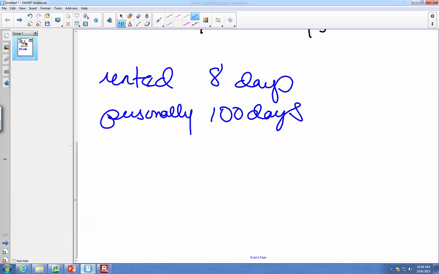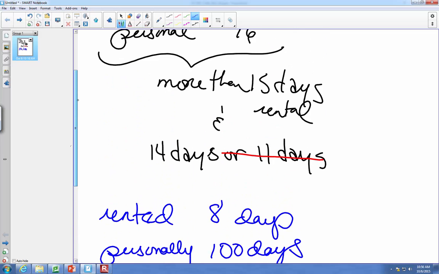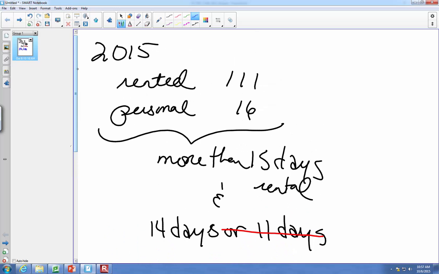Okay, here we go. So let's see, primarily rental. This was a primarily rental. Can you find the percentages for me? This says personal. So when I start talking about my expenses, some of them are going to be rental and some of them are going to be personal.